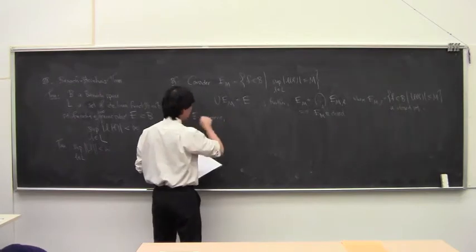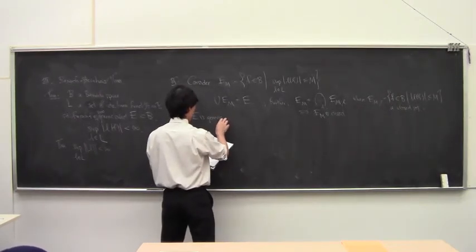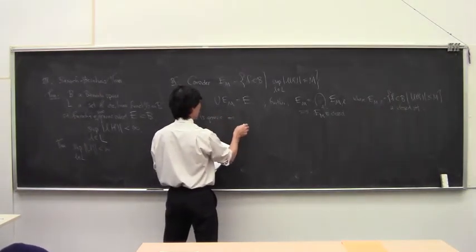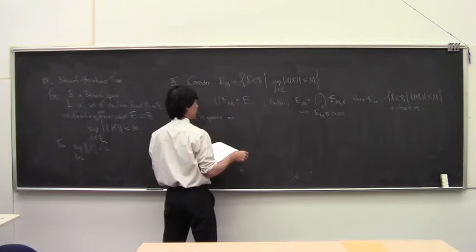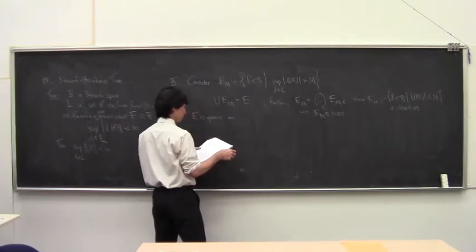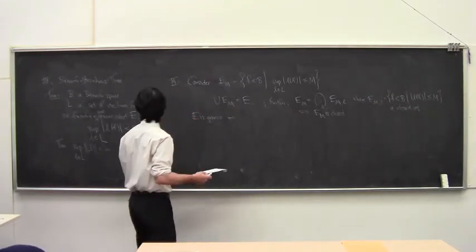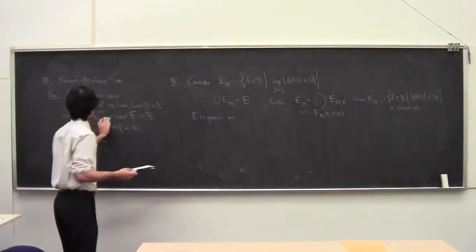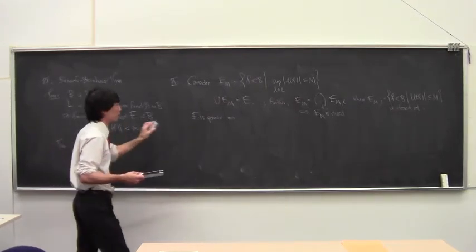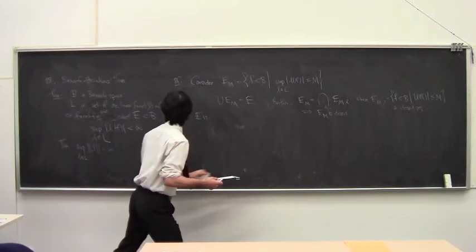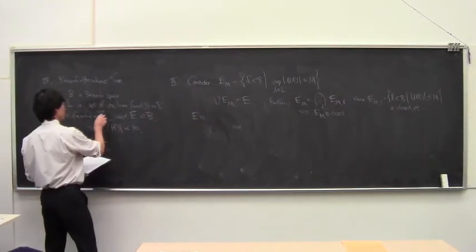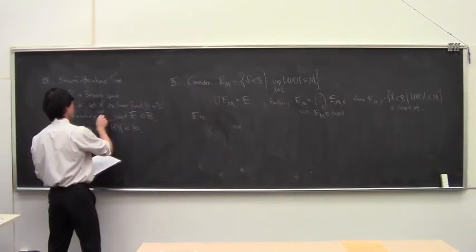Wait a second, not generic. What am I saying? Sorry. Second category. So the subset E is in the second category.